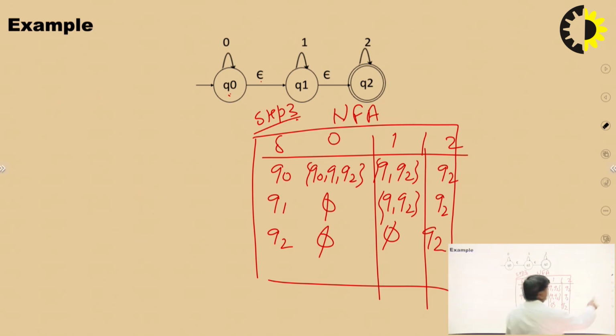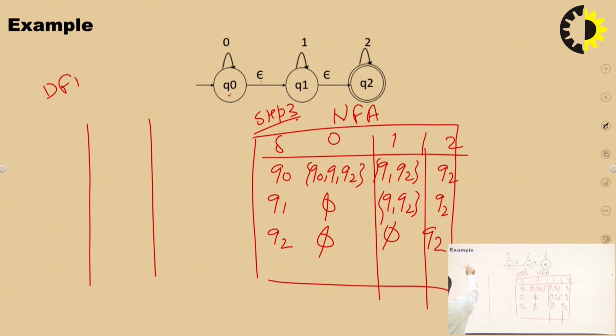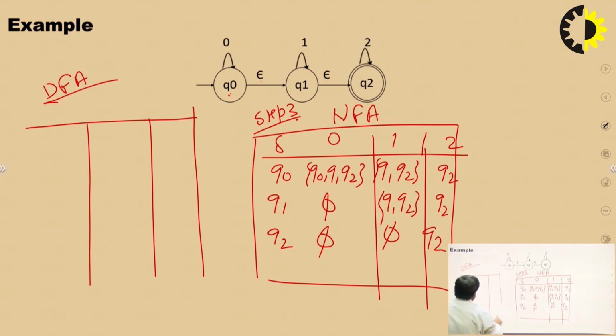With the help of this table we can convert the NFA to a DFA. Now this is the DFA with 0, 1, 2.